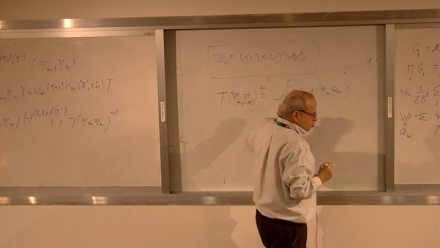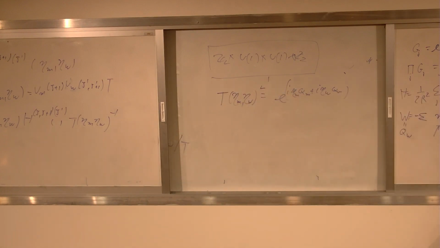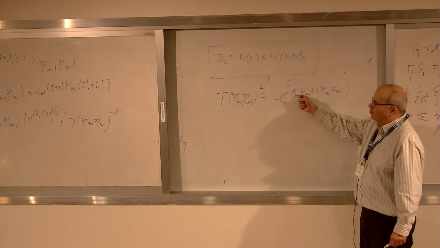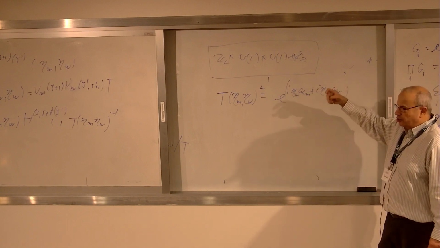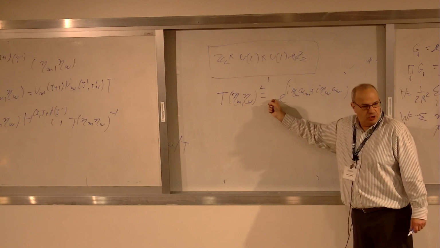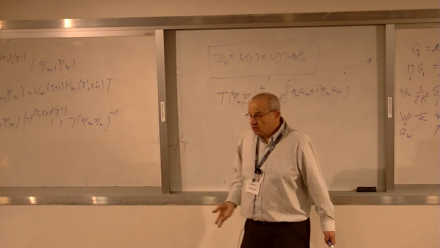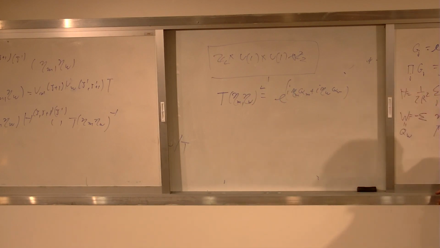But there could be a phase here. And I could redefine the operators. Take this one to flow with eta and this one doesn't, or the other way around. Then this equation will be correct. But then I'll have the phases elsewhere. The invariant statement is that I cannot get rid of all the phases. I can move them around, but I cannot get rid of all of them.